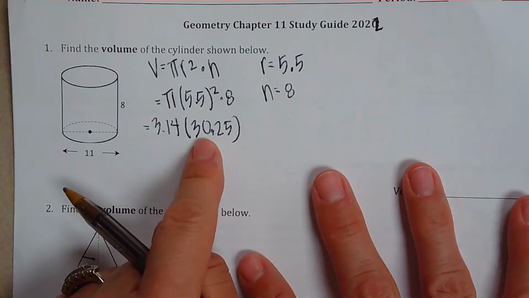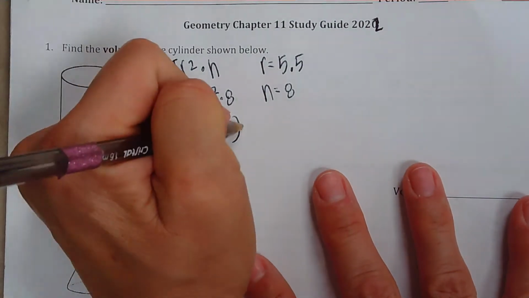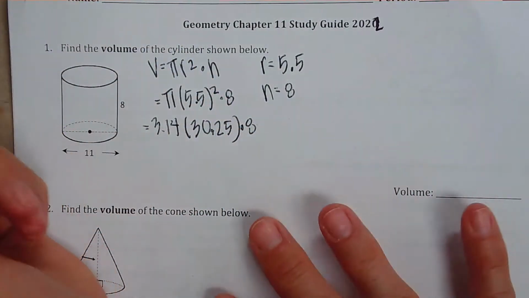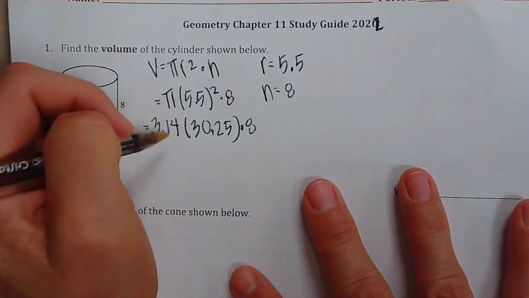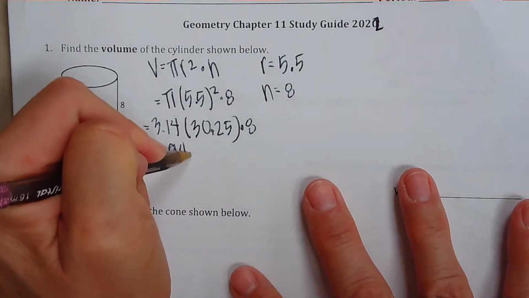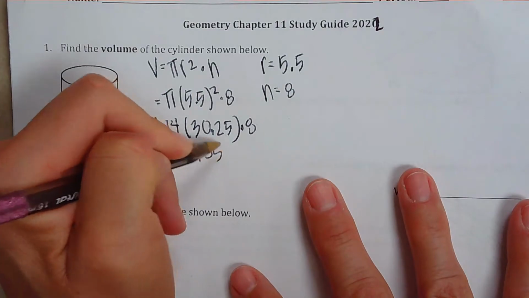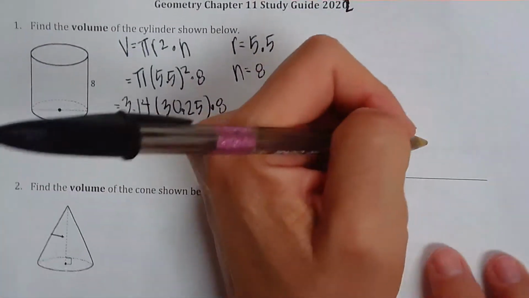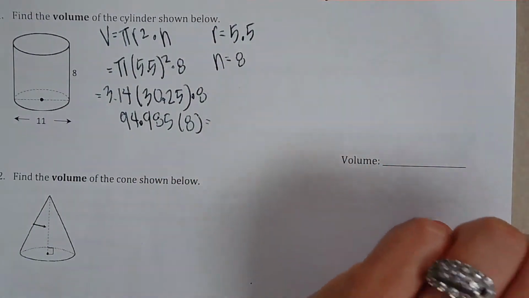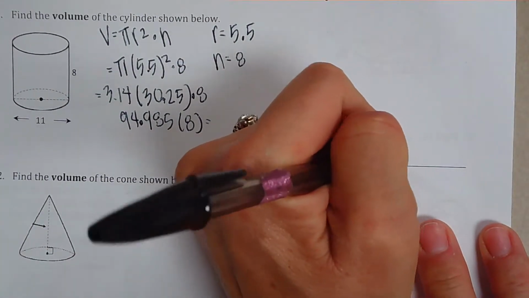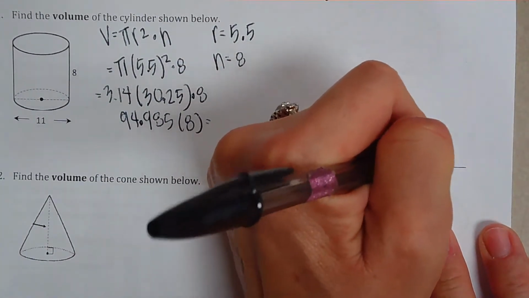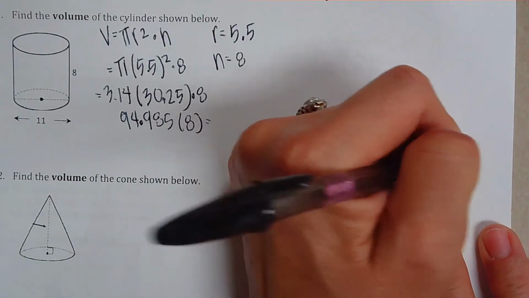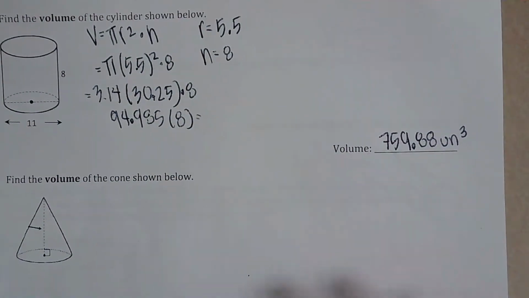Squaring 5.5 is 30.25, and then times 8. Now I'll multiply these two and I'll get 94.985, times 8, and I will get my volume, which is approximately 759.88 units cubed.